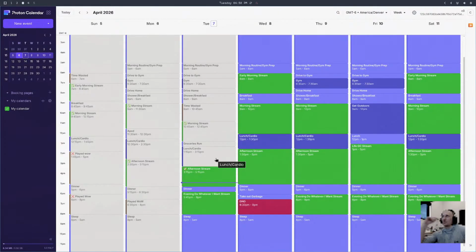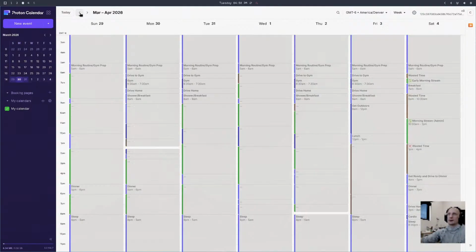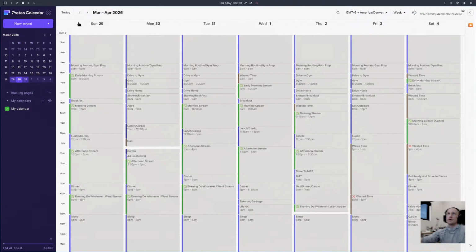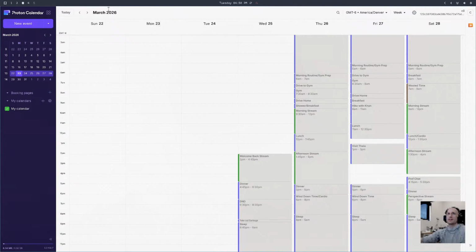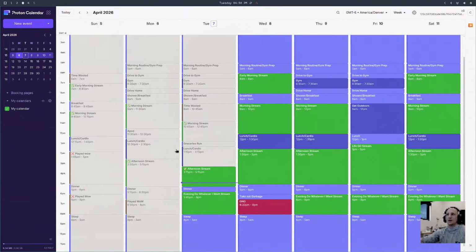The plan, and I've been doing this for about 2 weeks now, is to get at least 3 streams a day in. I haven't been great about that the past couple days, but I'm working on it.